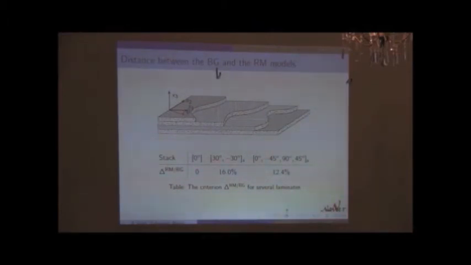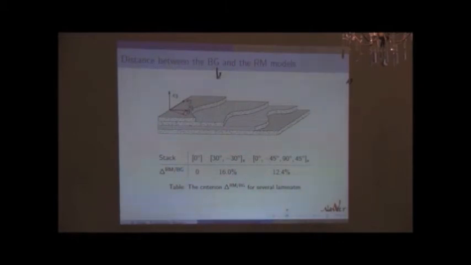But if I have 4 layers, so I'm not sure if you are familiar, this is the orientation of the layer: this is 30 degrees, minus 30 degrees, and the S means symmetric lamination. So it's 4 layers, and this is an 8 layers laminate. You can see that the estimate of the difference between the Reissner-Mindlin and the bending gradient theory is getting a bit large. It's 16%. I think it's not very large, in my opinion.